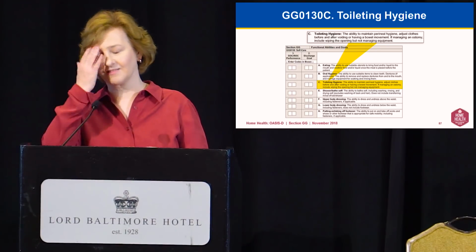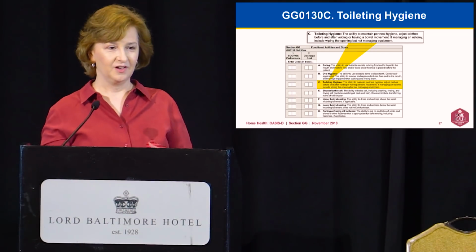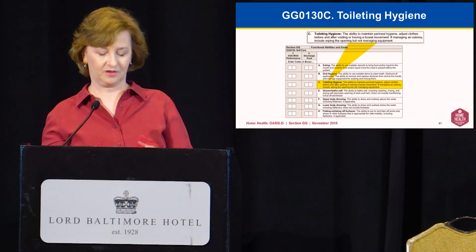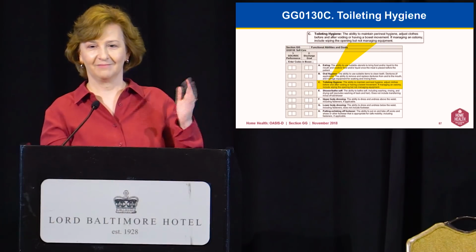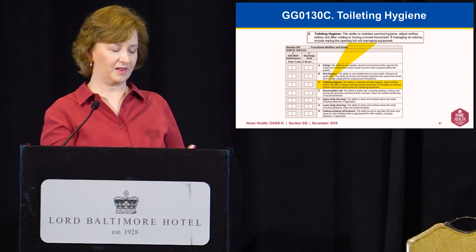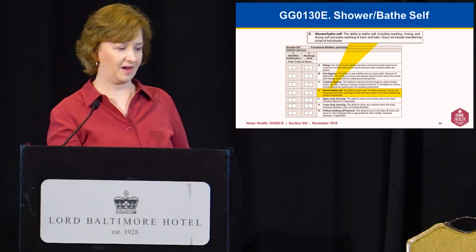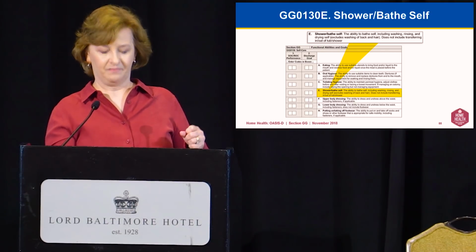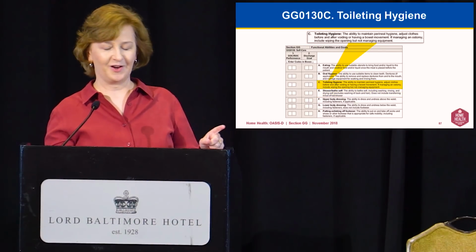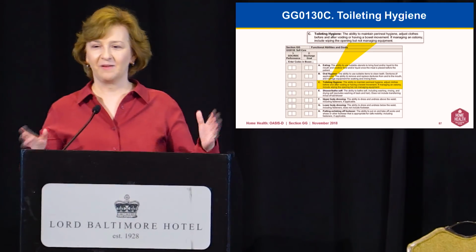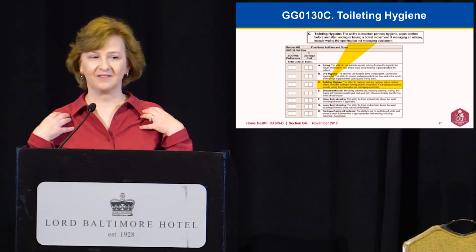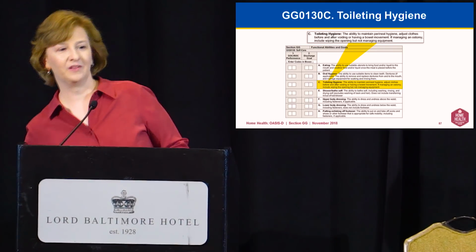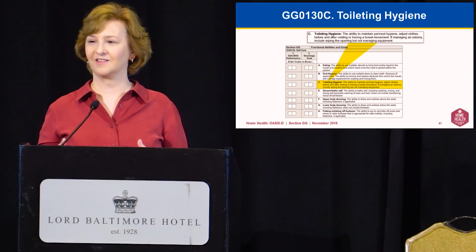There's kind of 3 tasks related to toileting hygiene. So again, you'll be paying attention to assistance needed during either pulling the pants down, or some cleansing, or pulling the pants back up. Let me just give a little bit more about this. If somebody is a bit unsteady, and a helper has to provide steadying assistance while the person is pulling their pants back up, that would be steadying assistance.